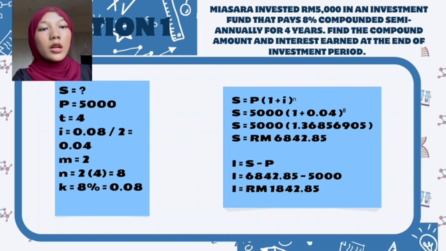In summary, after 4 years her investment grew to RM6,842.85 and the total interest earned is RM1,842.85.